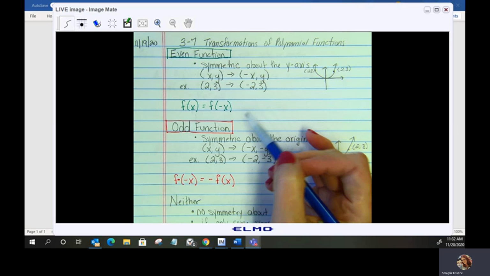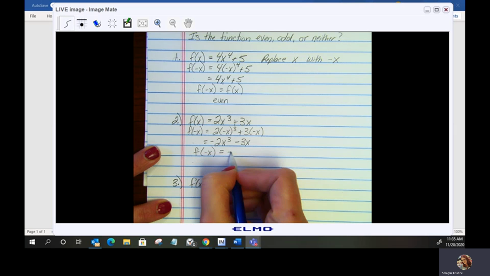When you compare it to the original, notice both signs changed. f of negative x equals the opposite of whatever f of x was. So your signs just flipped. It doesn't necessarily mean that they came out negative, but your signs flipped. This is odd.